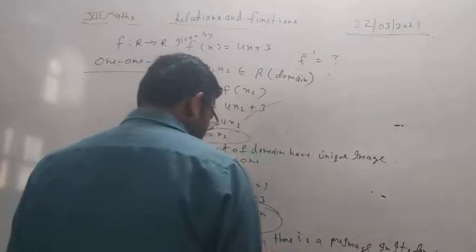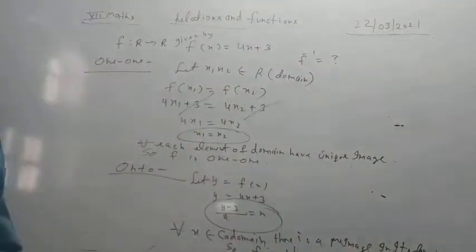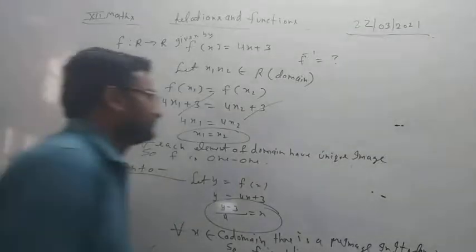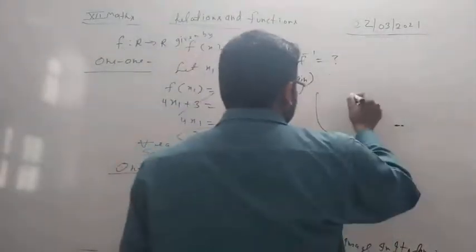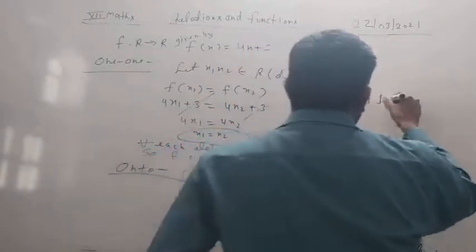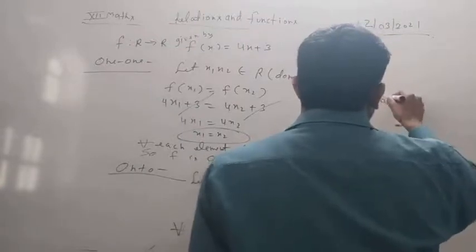So the function is onto. In this way, we can say that the function is onto, and so we write here that the function is bijective.